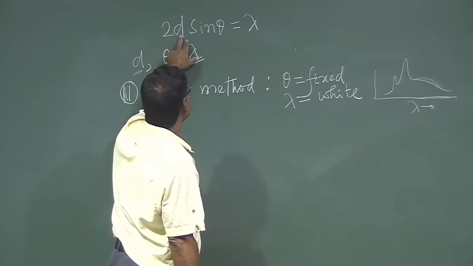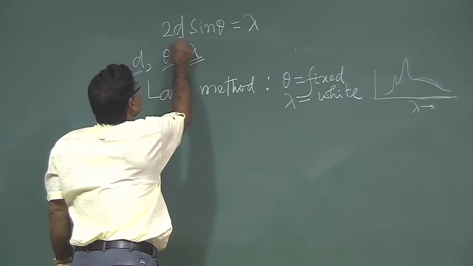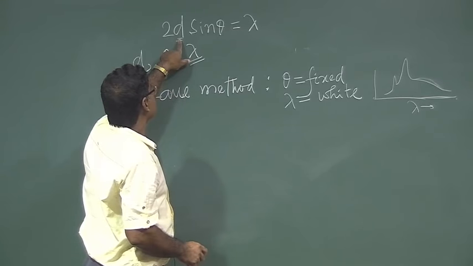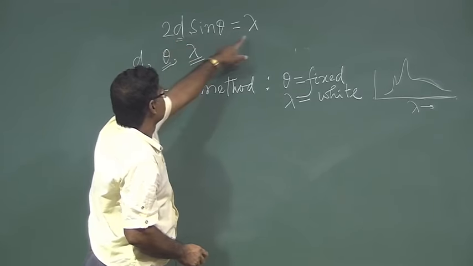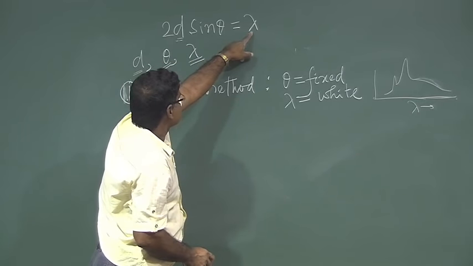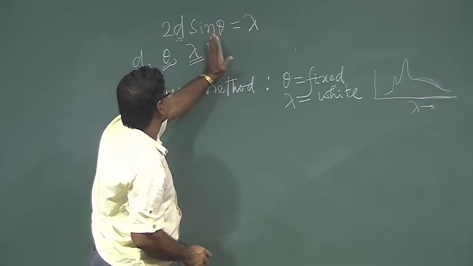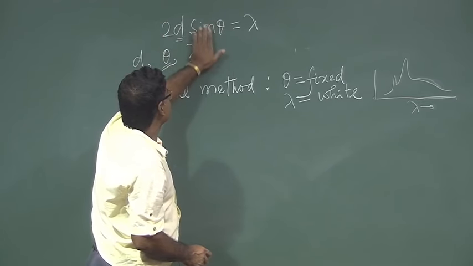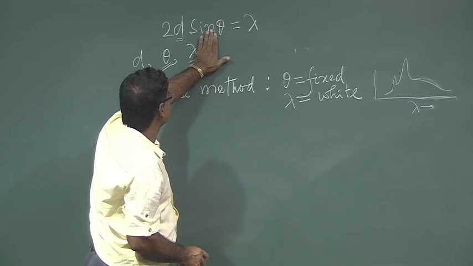So, lambda will vary to satisfy this relation, depending on d. Okay. The sin theta has a fixed value.